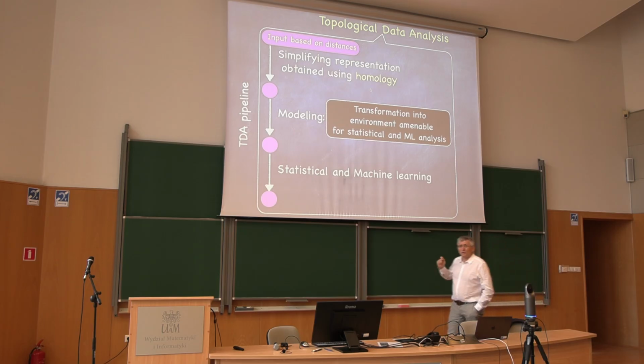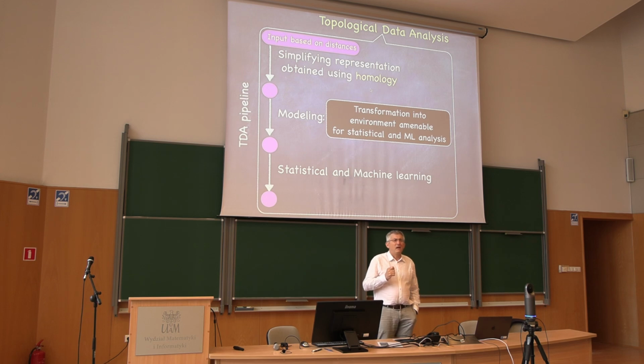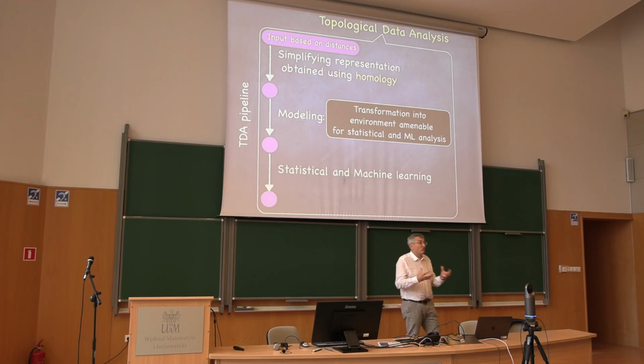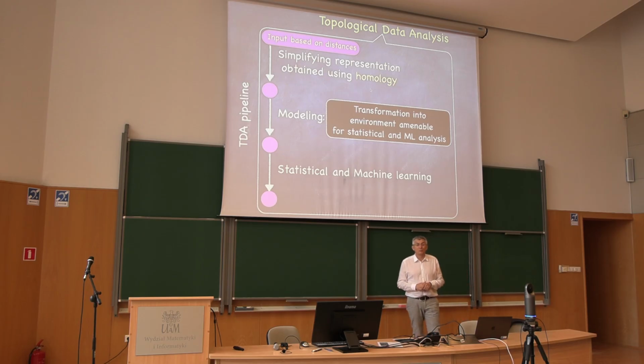But the trouble with homology is that it's not really amenable for statistical analysis. Homology was designed to describe what I call control topology, for example, how cells, how Schubert varieties are built out of cells, how projective spaces, the cell decomposition of projective space.